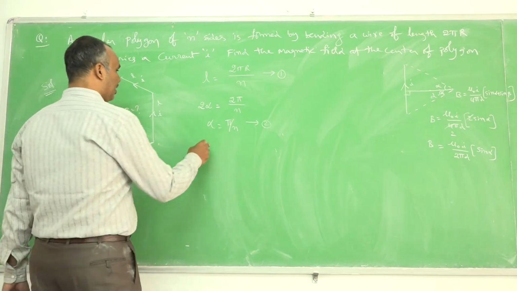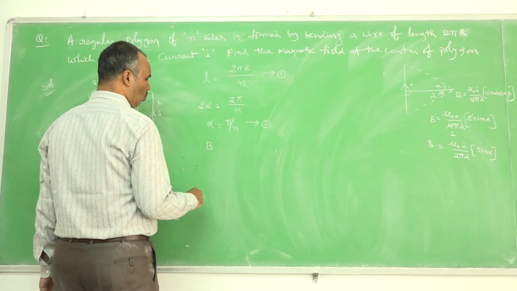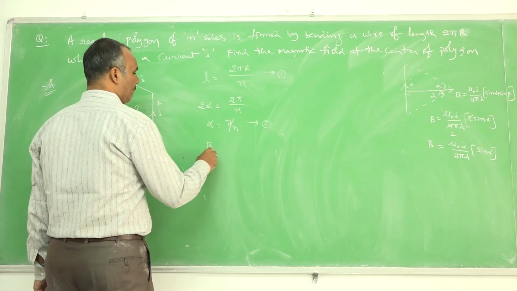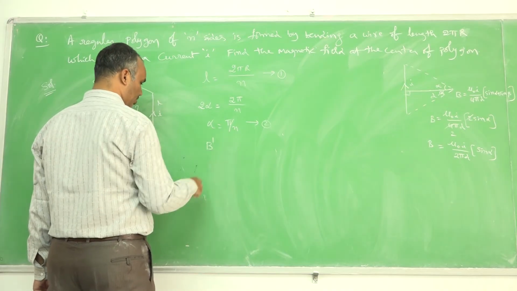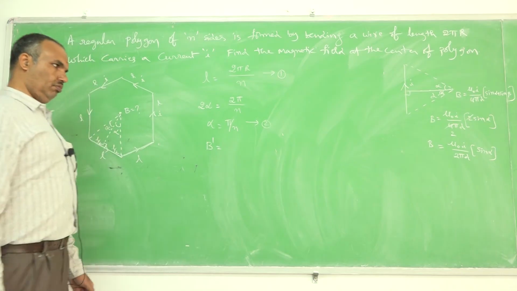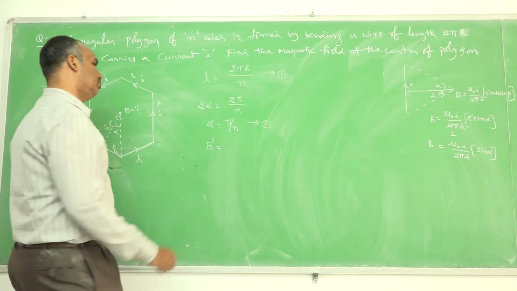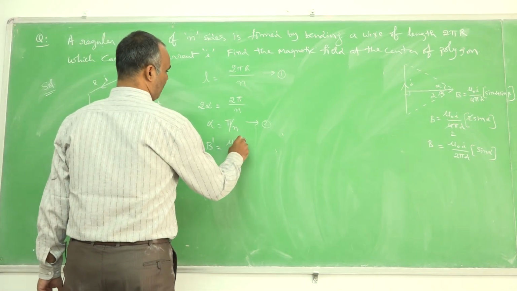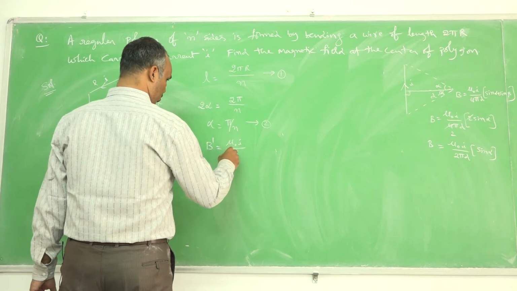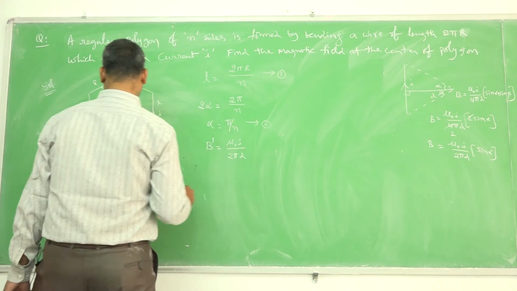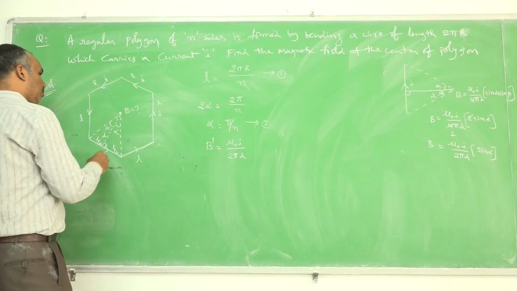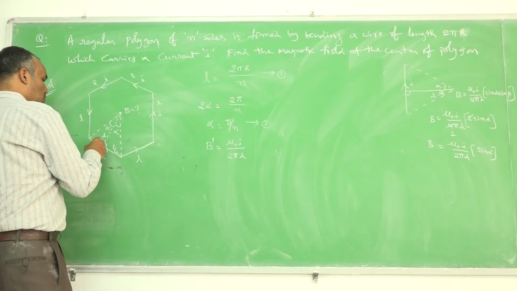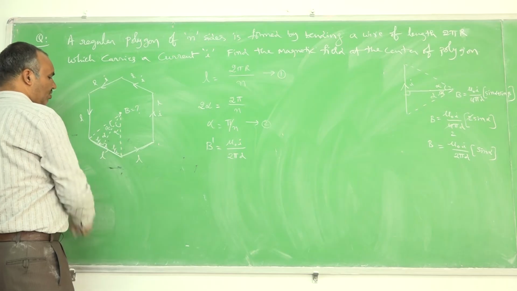So magnetic field due to one side, let it be B dash. B dash is equal to mu naught I by 2 pi d. d is the separation from the center of the polygon to the center of the side.